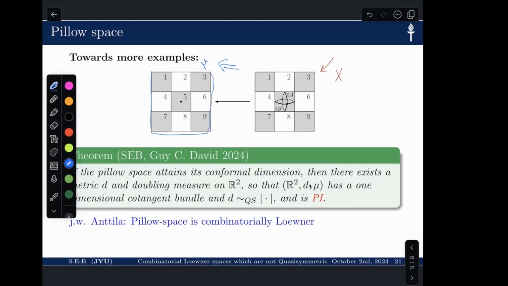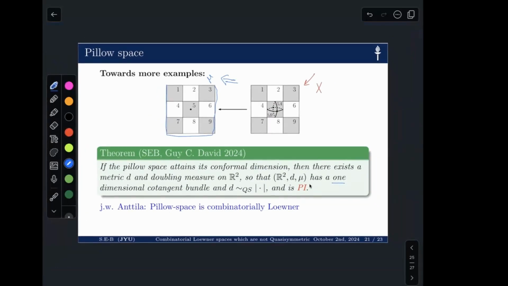So we get a metric and measure on the standard sphere, which by necessity has to look very non-Euclidean. And as a consequence, we can show that it has to have a so-called one-dimensional cotangent bundle. We call this a one-dimensional sphere. So if this space upstairs, this X, attains its conformal dimension, then you have a one-dimensional sphere, whatever this means.